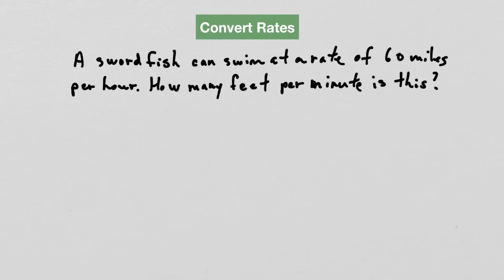A swordfish can swim at a rate of 60 miles per hour. How many feet per minute is this? Okay, so let's read this one more time, but a little slower. A swordfish can swim at a rate of 60 miles per hour.